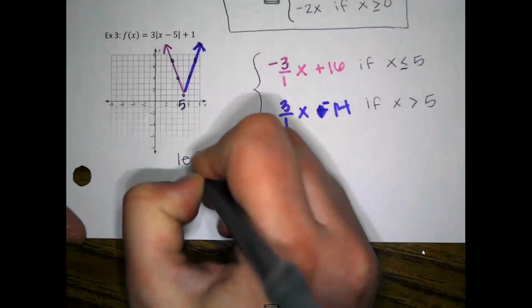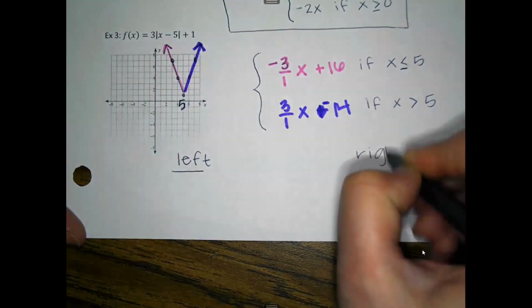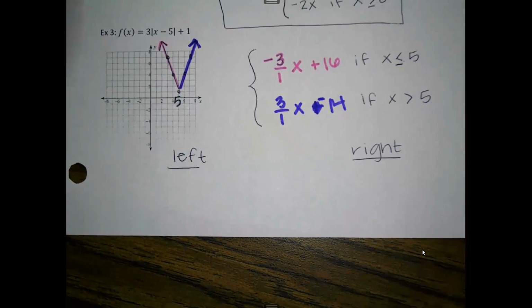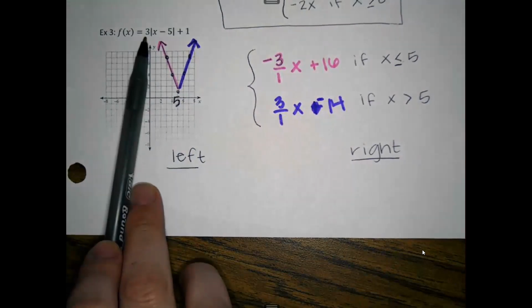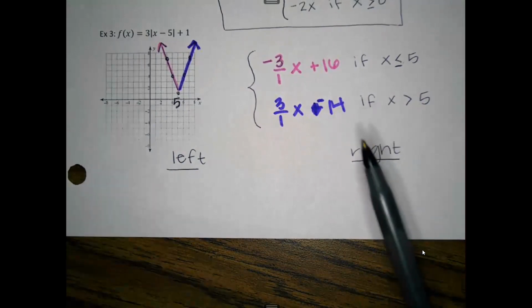For the left side, for the right side, I'm going to show you guys how to show your work, okay? For the left side, you do the negative version of whatever the original problem is. So the original problem had a positive 3. So I'm going to do the negative version of positive 3.